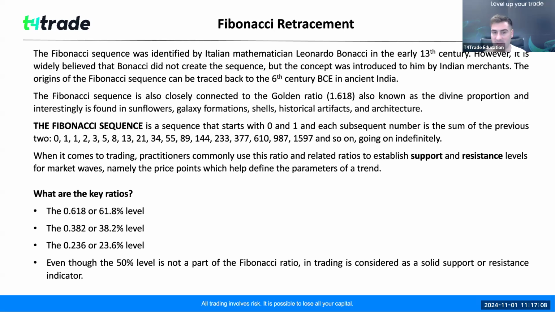So, just summarizing these past points, we use Fibonacci retracement in order to establish resistance and support levels. We don't use them for any sort of predictive capability. It's not yet again another tool that we use as a crystal ball that's going to tell us what the price action is going to bring in the future.